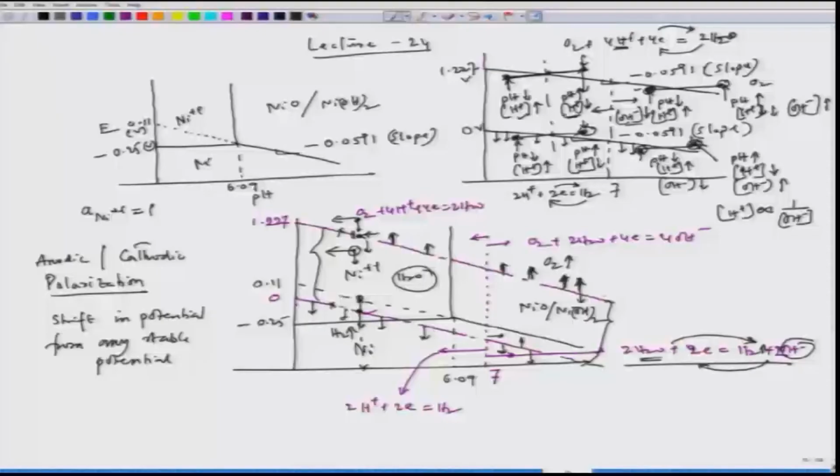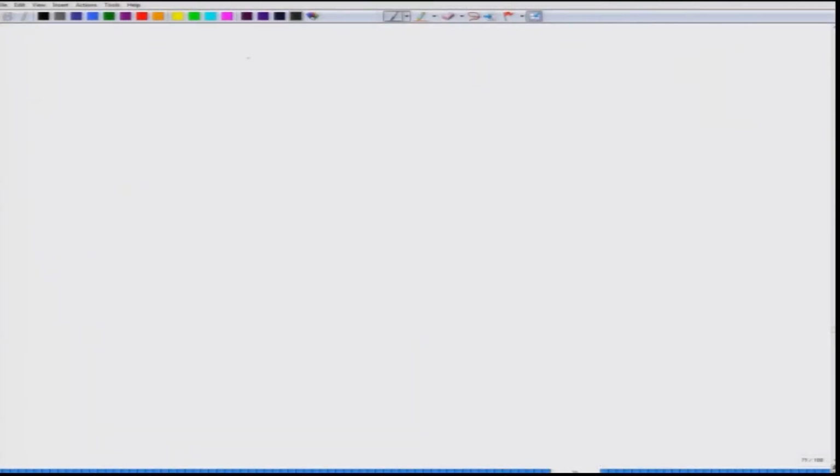On top of this particular line, which involves oxygen, we have oxygen evolution, and below this line, which involves H2 evolution, we get H2 gas evolution. So, the final diagram we have to do this way.